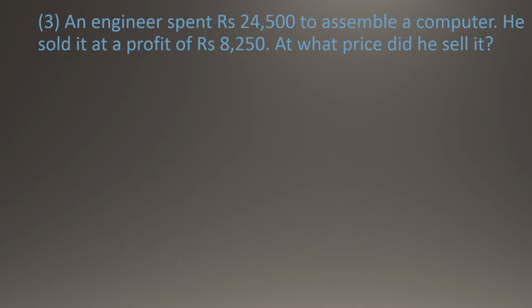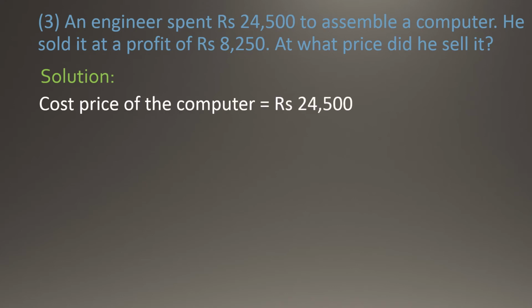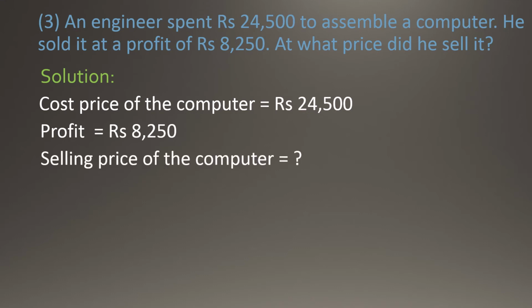Question number 3. An engineer spent rupees 24,500 to assemble a computer. He sold it at a profit of rupees 8,250. At what price did he sell it? See, in this question, cost price of the computer is equal to rupees 24,500 and profit is equal to rupees 8,250, and selling price of the computer we have to find out.